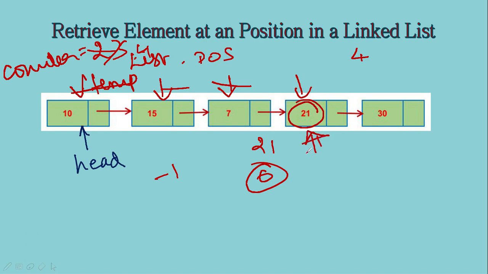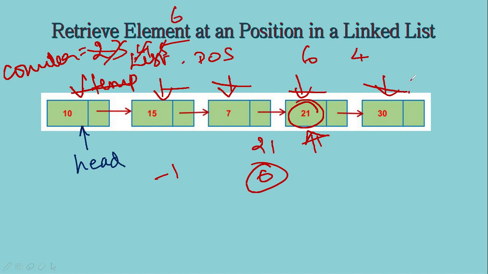And for the case when the position is not valid, for example, if I give the position as 6, then what will happen? If the position is 6, still the counter value is not equal to the position. So I'll be incrementing the counter and moving temp as well. And 5, right? I'll be here, and still the counter value and the position are not the same. So I'll be incrementing the counter.